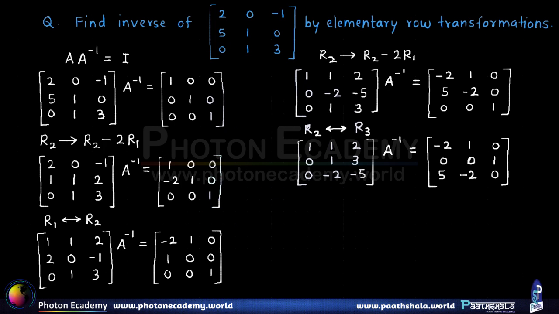So here as we saw, the first row is to be changed to the first row, that is R1, minus the second row, that is R2.